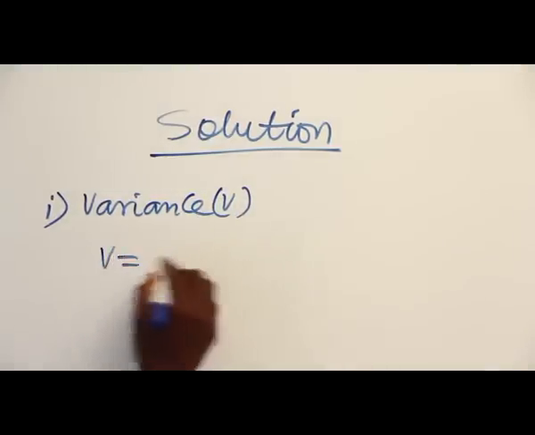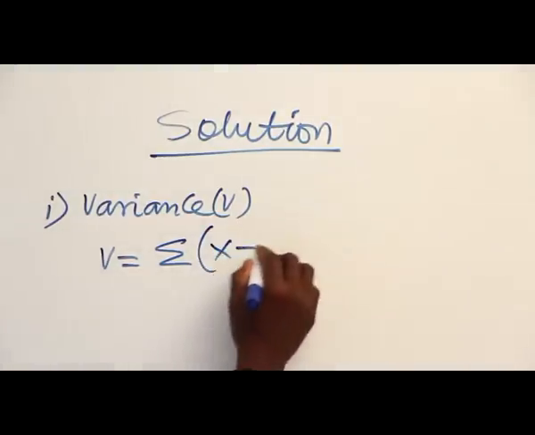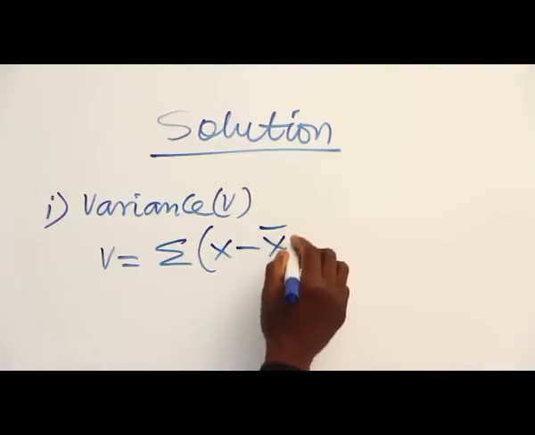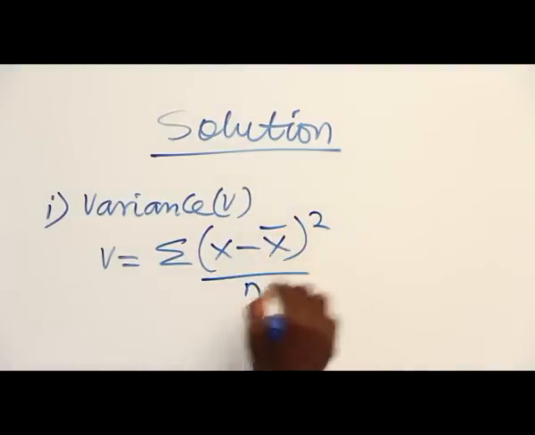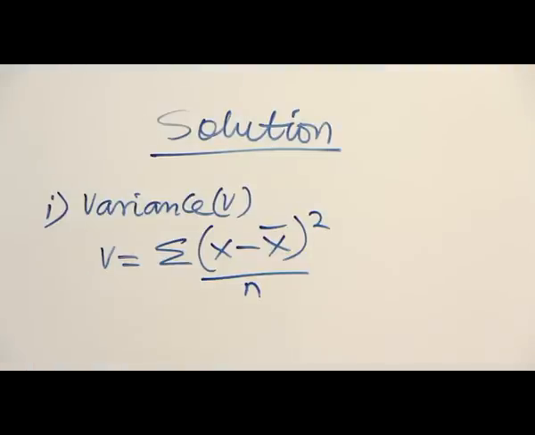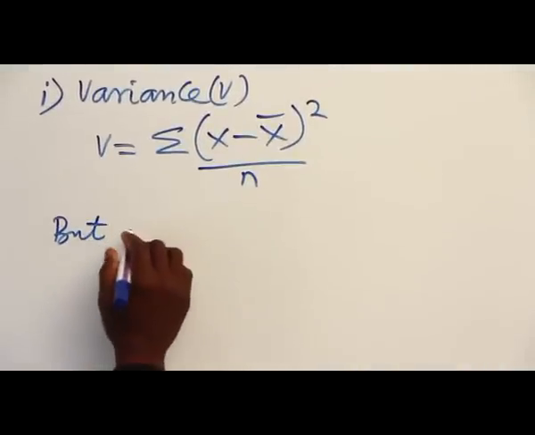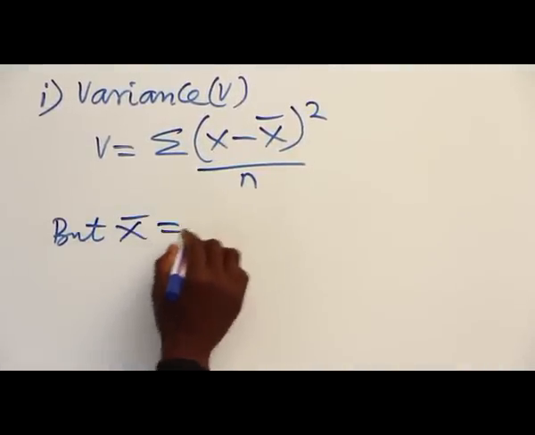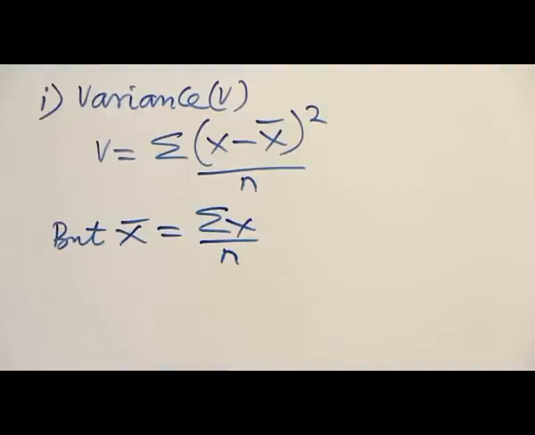V equal sigma (x minus the mean of x) squared all over n. But we have to define x bar. The mean of x equal sigma x all over n.